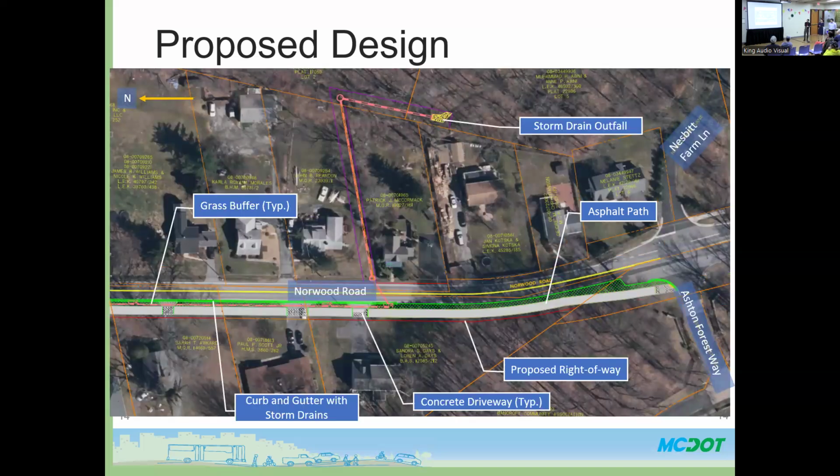So there's an equestrian trail that comes out Ashton Forest Way, and then it crosses Norwood Road, and it continues on Nesbitt Farm Lane, just to the south of Nesbitt Farm Lane. Just wanted to make sure you had that on your radar, and those trails are recorded on the plats for the Ashton Forest development and for the Nesbitt Farm development.